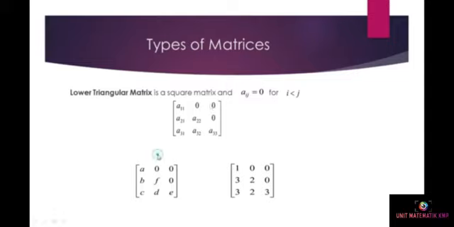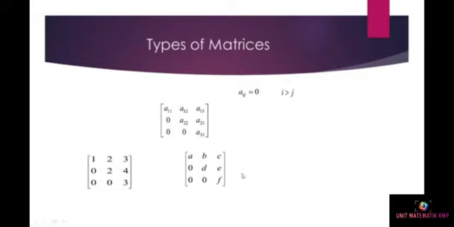Example 8. Lower triangular matrix. Upper triangular matrix. Upper triangular matrix is a square matrix and Aij equals 0 for i greater than j.